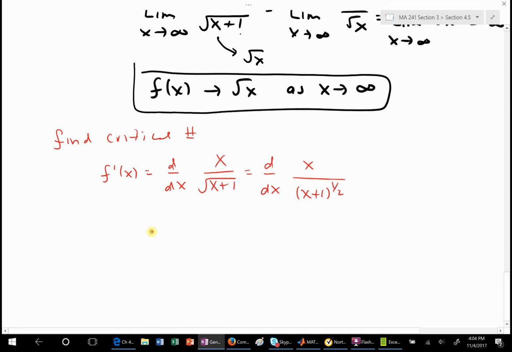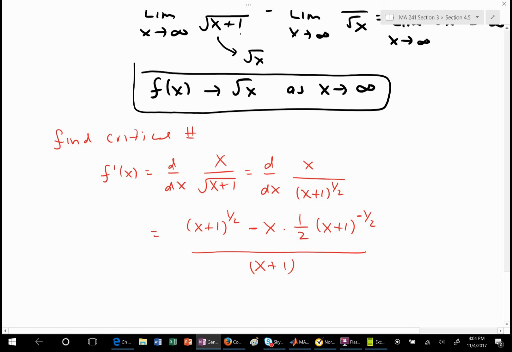And using the quotient rule, we know what it's going to be. We don't have to write the whole quotient rule out. And then when I square the denominator, I'm just going to get x plus 1.